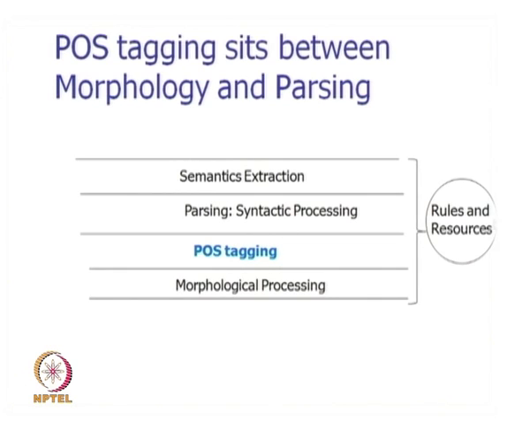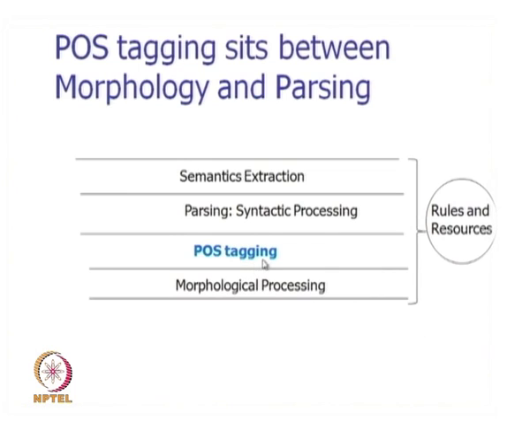I show here in a circle rules and resources, meaning thereby that all these layers need rules of language constraints, language phenomena. They also need resources like the dictionary or a meaning database or properties of the words and so on. So, this forms again a very important component of the processing, which we will have occasion to discuss. Now, I will just repeat what I said here.